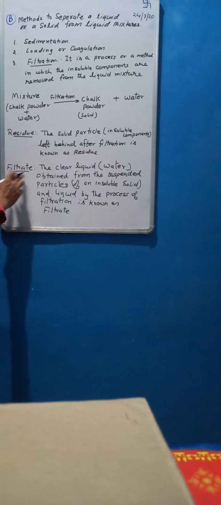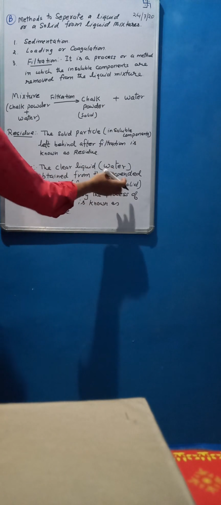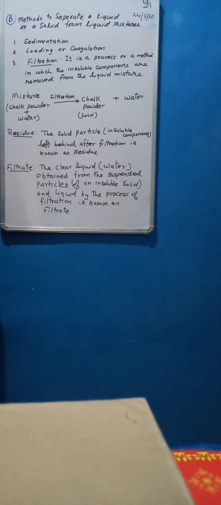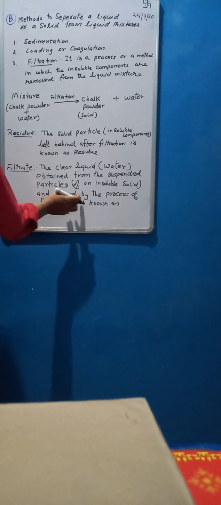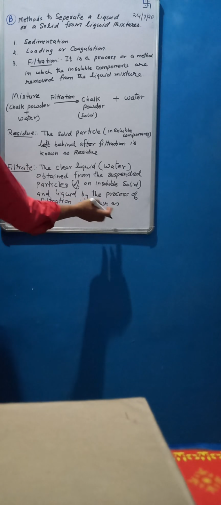So what is filtrate? The clear liquid, here it is water, obtained from the suspended particles, that are solid particles or chalk powder, and liquid by the process of filtration is known as filtrate.